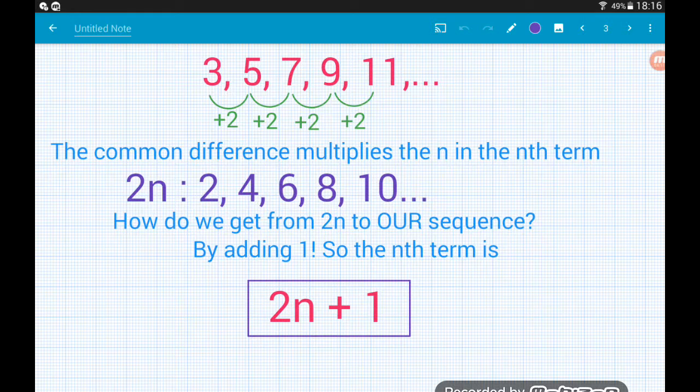For the second term, 2 times 2 is 4, add 1, happy days, it's 5 again. Let's check it for the third term. 2 times 3 would give us 6, add 1 would give us 7. Ideal, that's our third term. So it's working, we've got the right answer. So the nth term of our sequence is 2n plus 1.